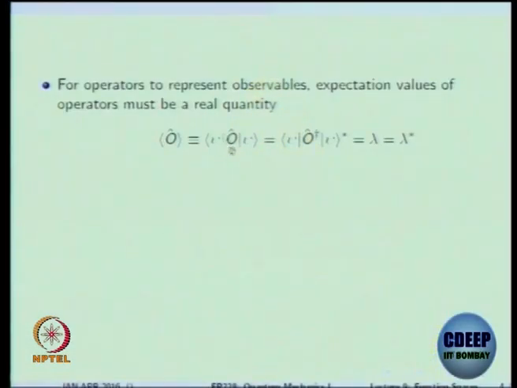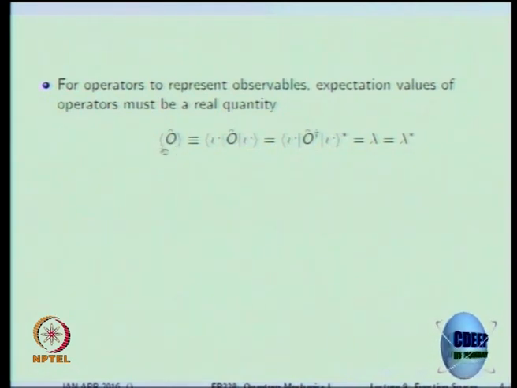So suppose you take the eigenvalue equation which we had, O on psi was lambda times psi, and take the state psi to be normalized. Then this expectation value: suppose the state is prepared in a specific psi. You are given that the physical system is in this state psi, and you are asked to find the expectation value of some operator.